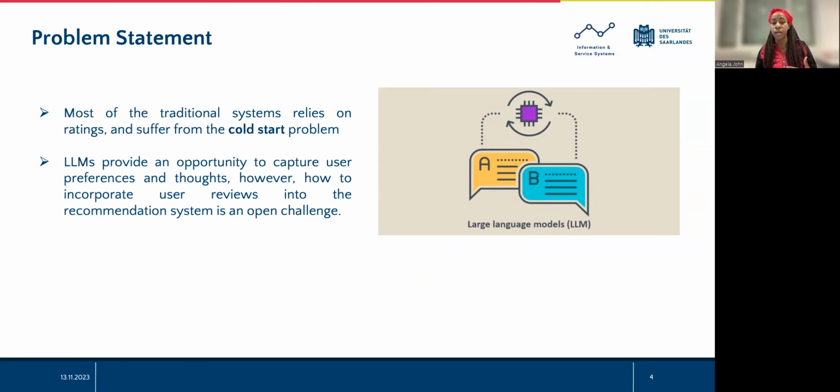This is the case where, if a new product is introduced to the market, a recommendation for it is not easy to make at that instance. Or if a customer has a new need, the system cannot recommend any product. This is because most of the time we don't have the ratings and reviews used in building these models, and what is mostly used to build these models is the ratings.